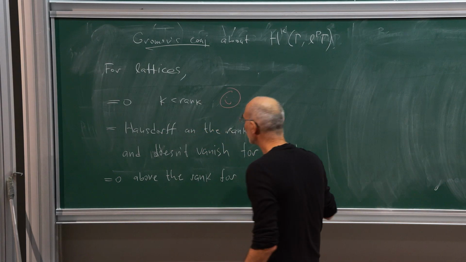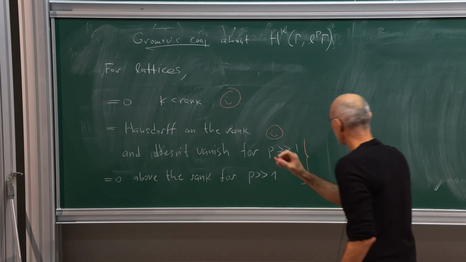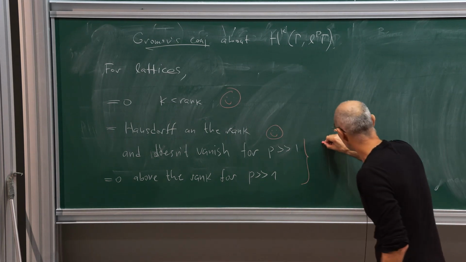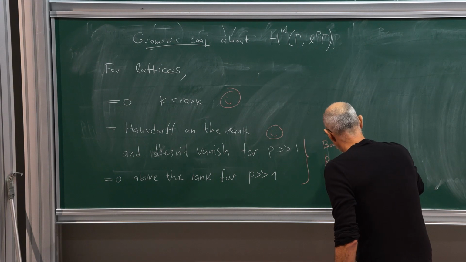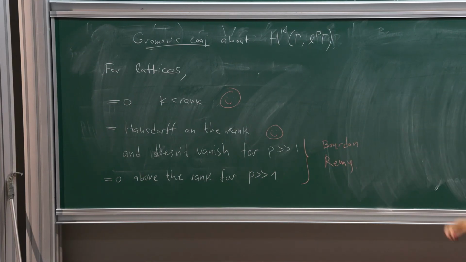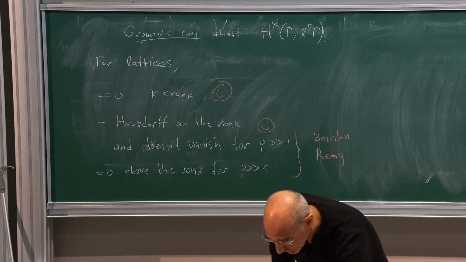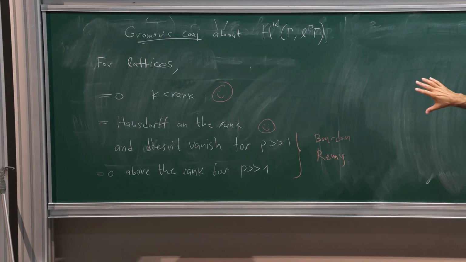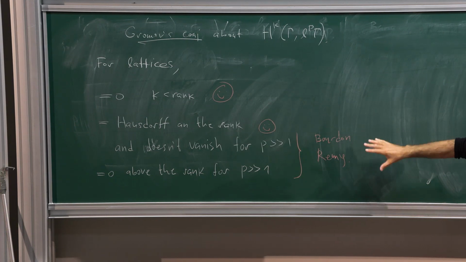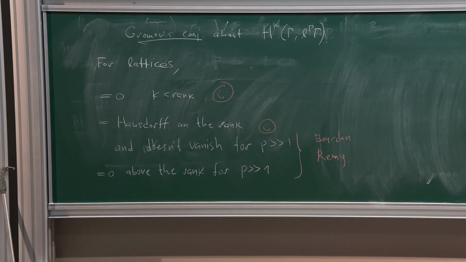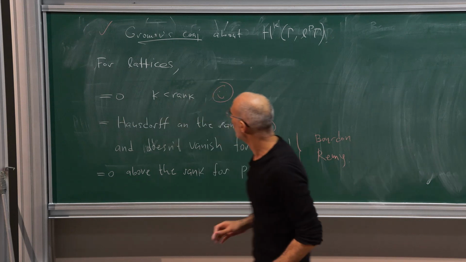I think this is not part of Gromov's conjecture, but these two facts are correct, and this is by Bader and Remy, following to a great extent the work of Pierre Pansu and others, Yves Cornulier, on the topic. So this theorem now is fully proven. This conjecture is fully proven. So let me just again state it.